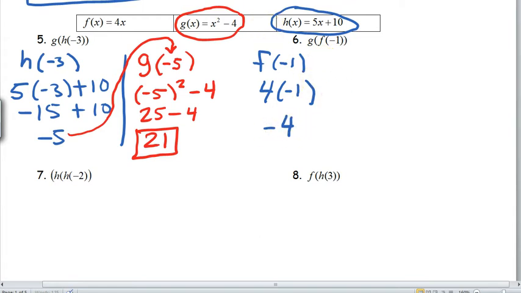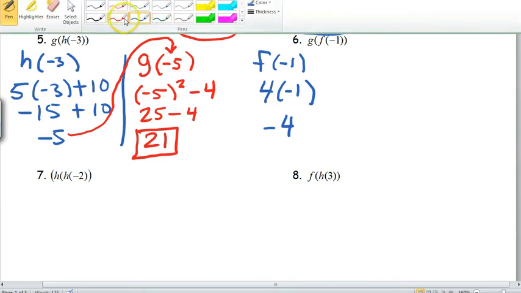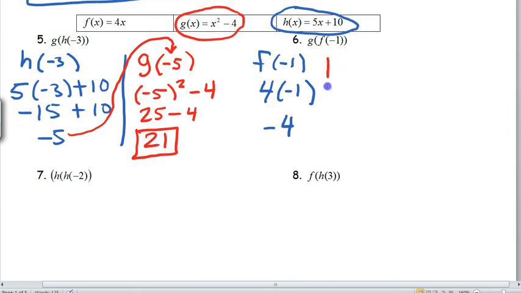And then what do I do? Yeah, plug the -4 into function g. So function g again is, I'm going to do g at x now.